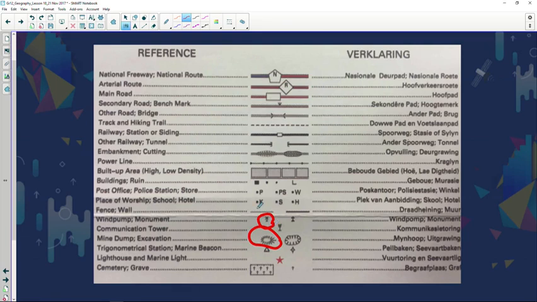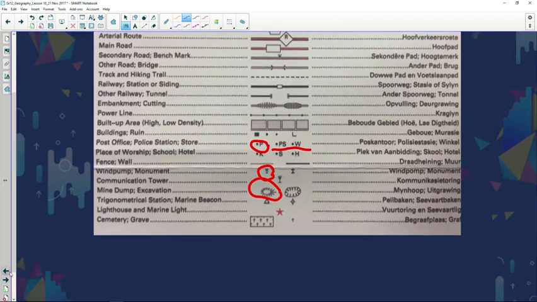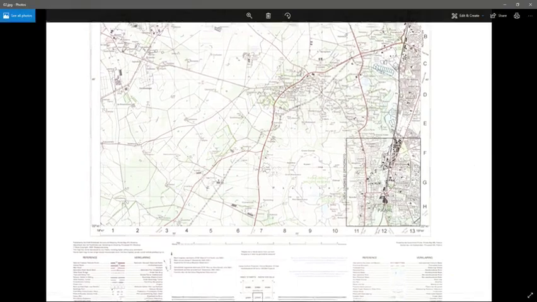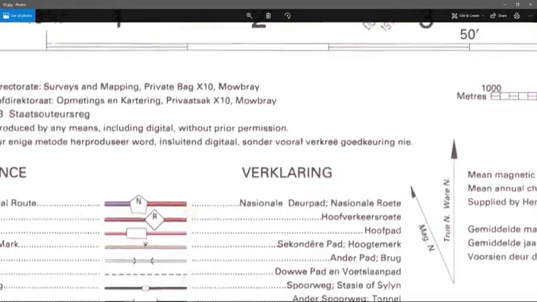And as you can see, urban areas will consist of definitely a post office, police stations, and a lot of shops. A place of worship is shown with a K that represents kerk in Afrikaans, schools, and hotels. Now these references, if we go back to our map, are all situated on the bottom of your map.